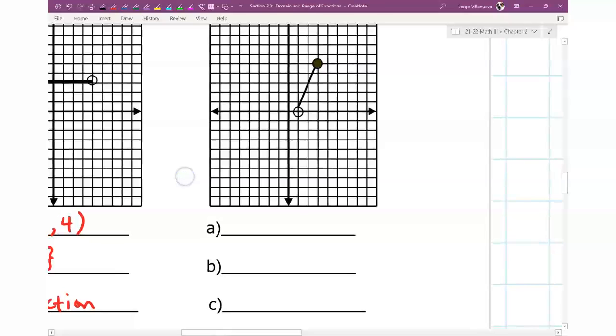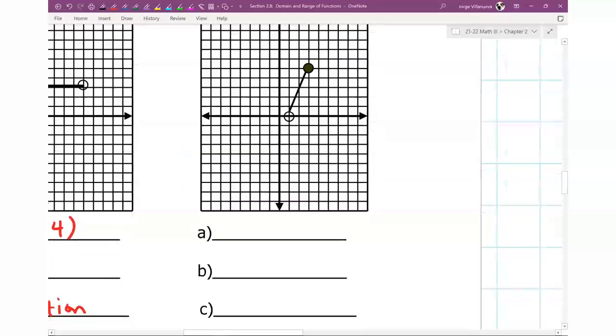So, is this a function? Well, does it pass the vertical line test? Let's see. Does it ever touch more than once? No, right? So this is a function. So, function. All right.